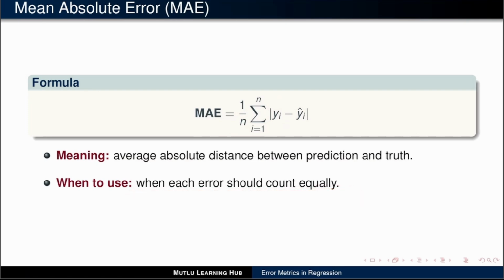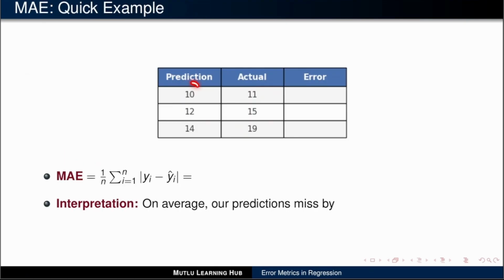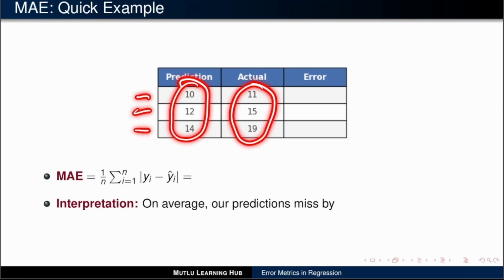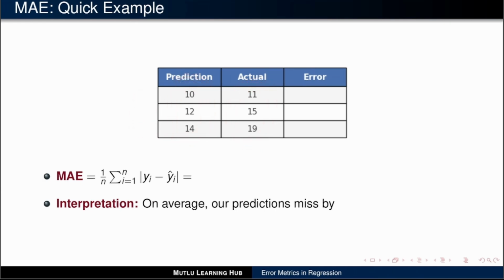Here is a tiny example. Here we have the predicted values and actual values, and we have 3 data points. Let's calculate the error. For the first data point, we have the absolute value of 10 minus 11, which is 1. For the second data point, we have the absolute value of 12 minus 15, so we get 3.